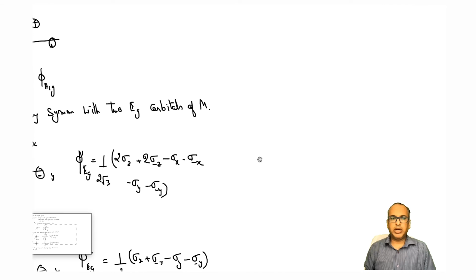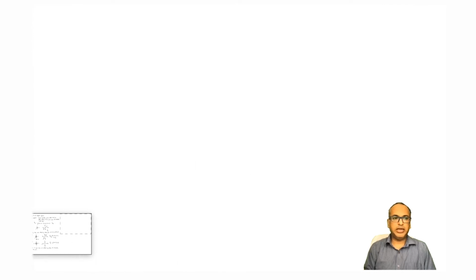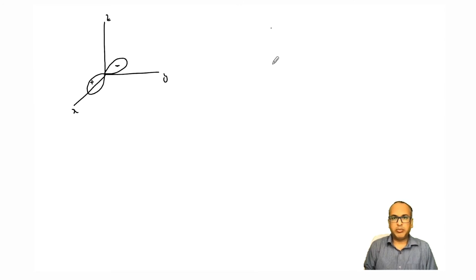T1U had atomic orbitals px, py, pz. If I'm trying to compare px, py, pz, so px is like this, right? This is my x, y, z, positive, negative, right? So what kind of atomic orbital combinations would happen to make SALCs?